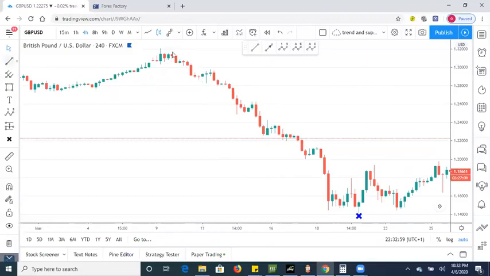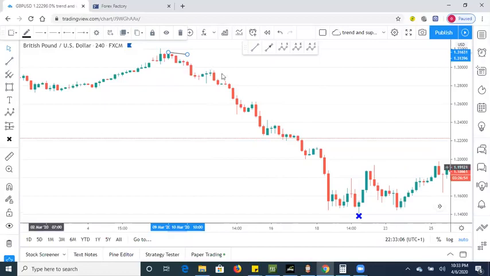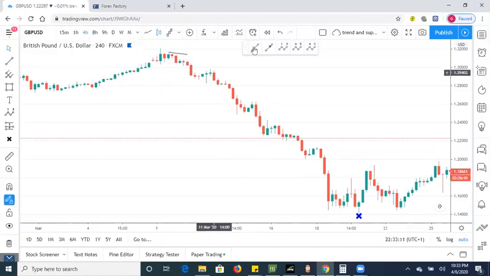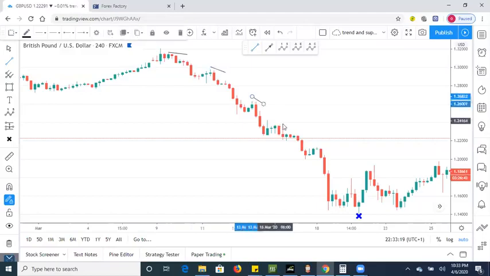You can see a high here, then another high, then another high, then another high, and another high.